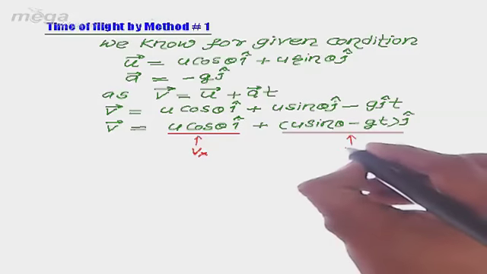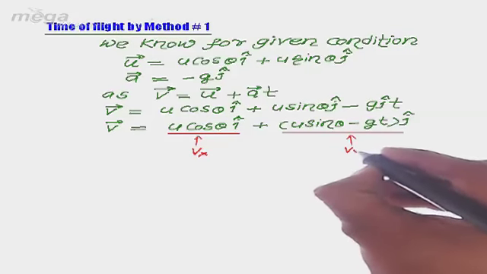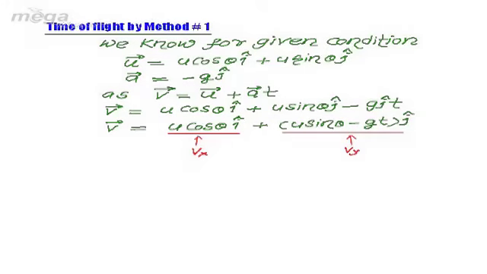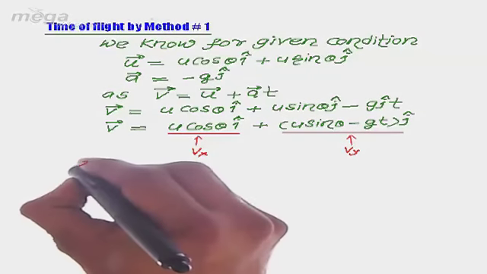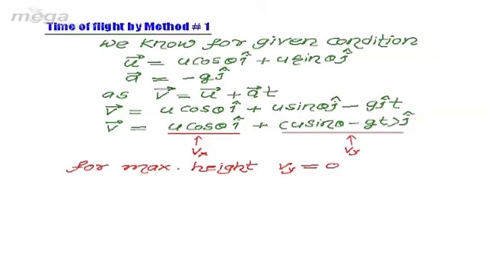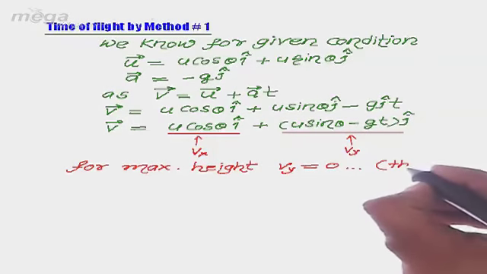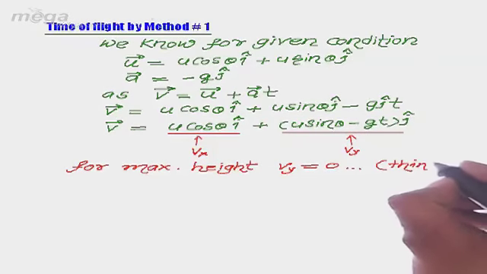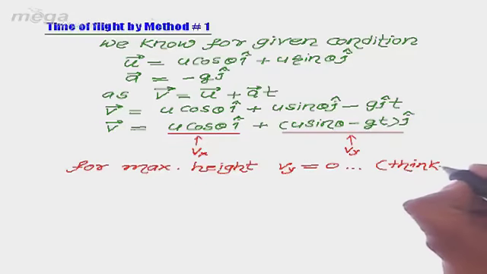But on the second component, which is along the y direction, we call it the component of velocity along the y direction. For maximum height, the y component of velocity becomes 0. Just think on this point, why I am saying this.